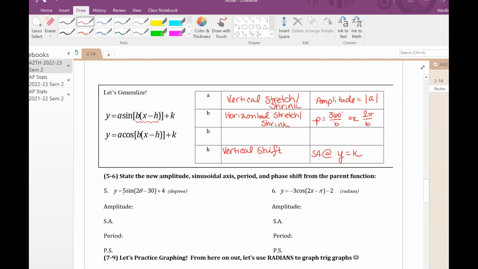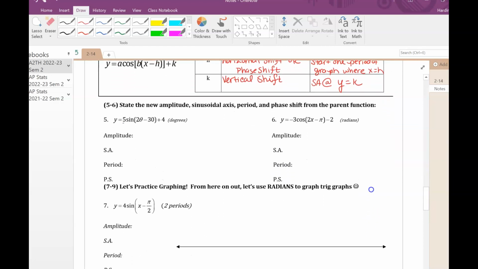Now the h, we haven't graphed one yet with the h in it, but the h, which is a horizontal shift, is also called the phase shift. And the phase shift tells you where to start one cycle of the graph. So start one period of the graph where x is equal to h.